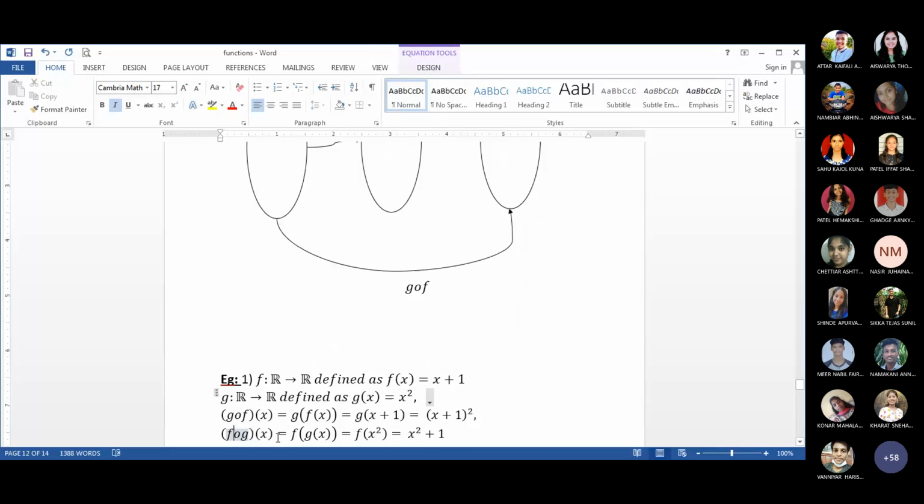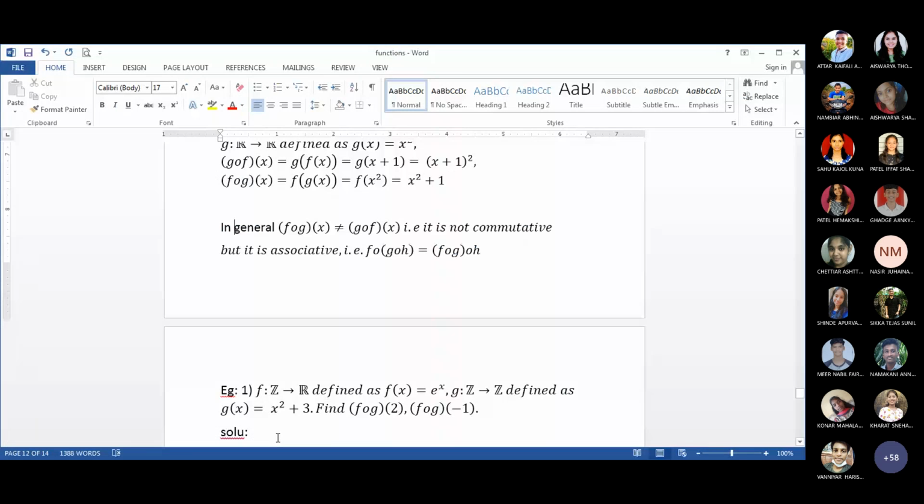And यहाँ पे we can find compositions in two orders.